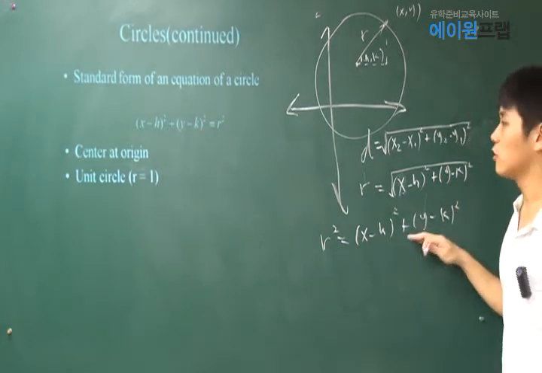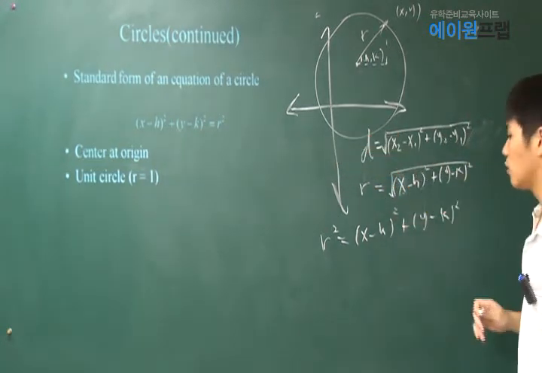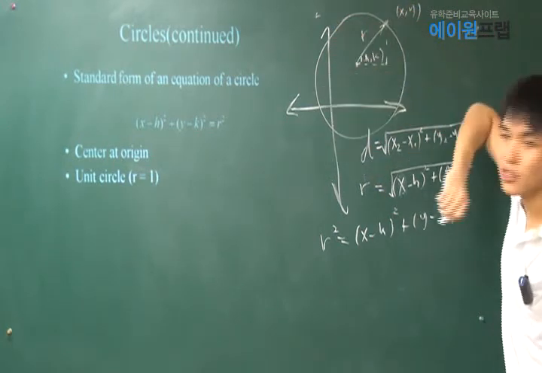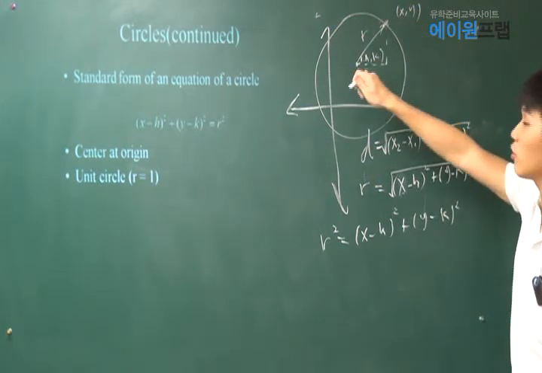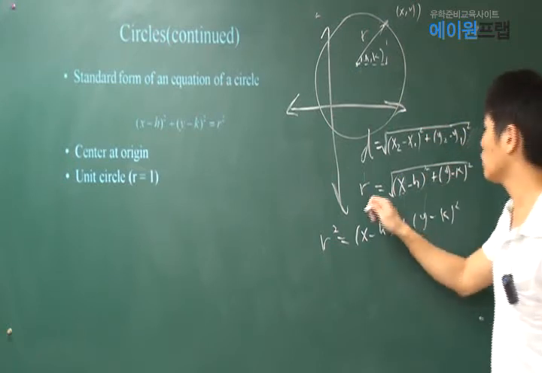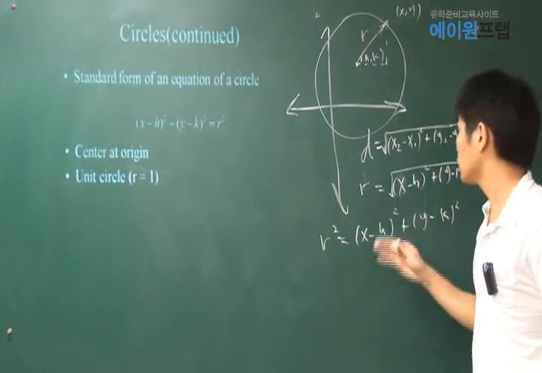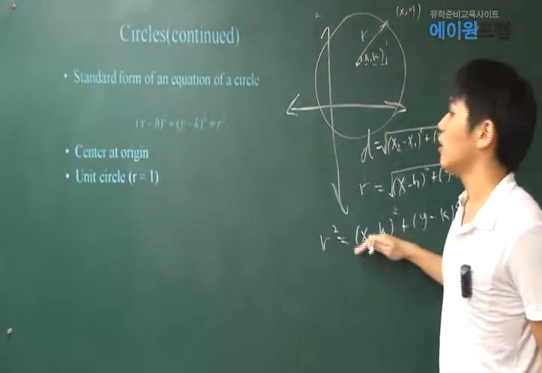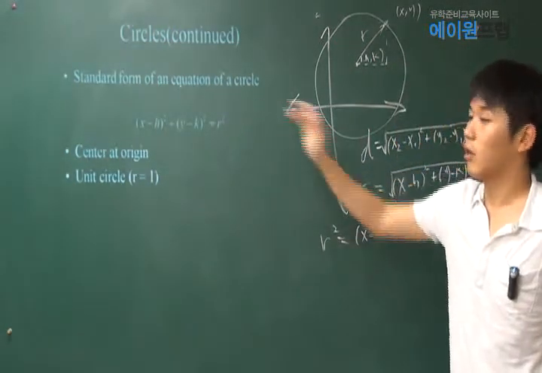So the circle equation actually comes from the distance function, because all these points have the same distance from the center. Applying the distance function and writing the distance as the radius, we can write the circle equation as (x minus h) squared plus (y minus k) squared equals r squared.